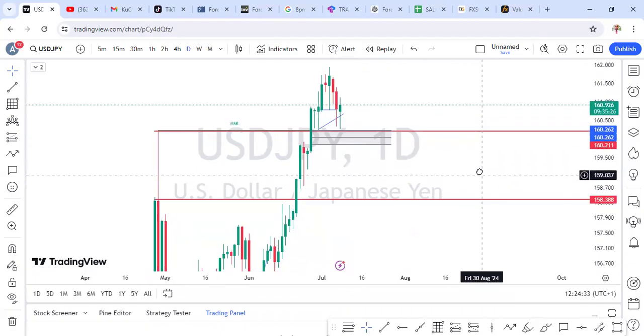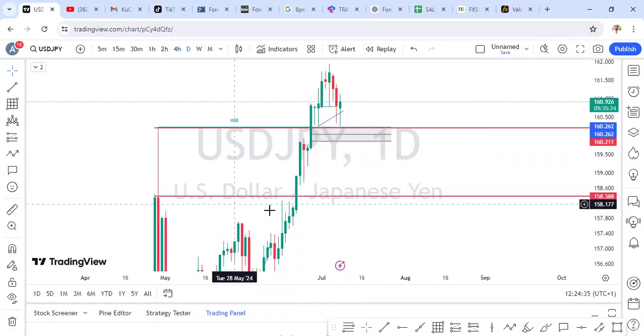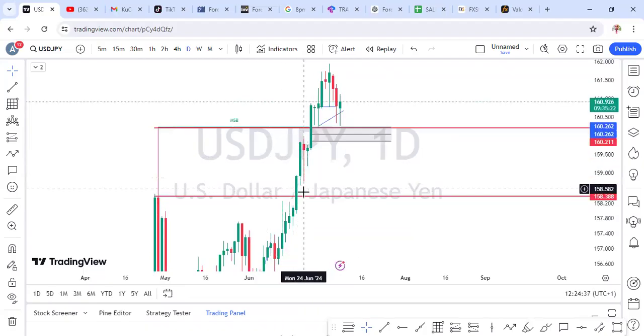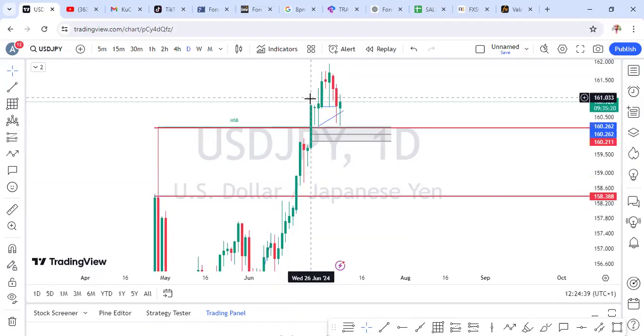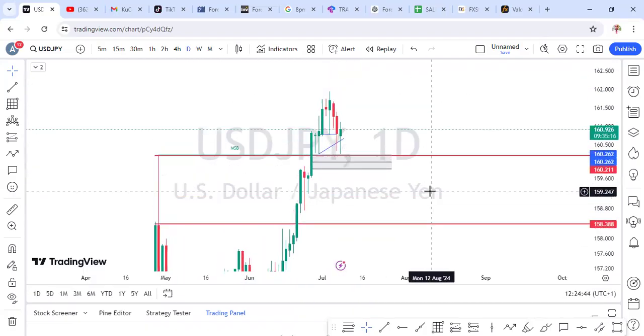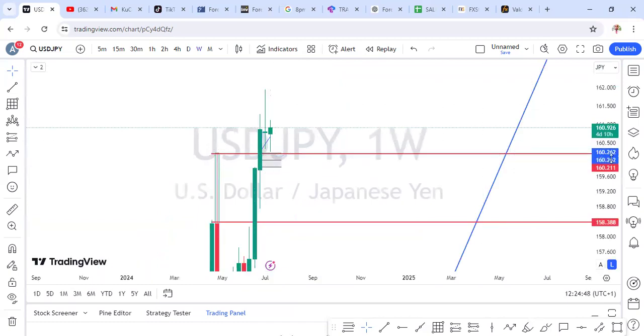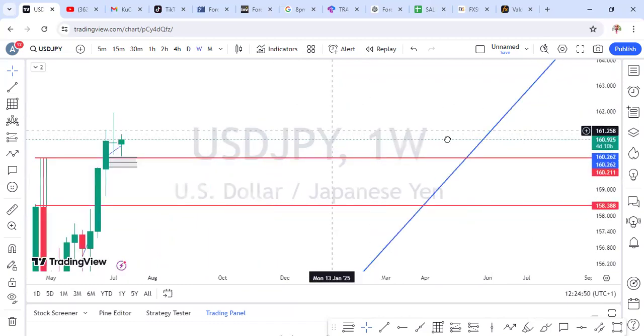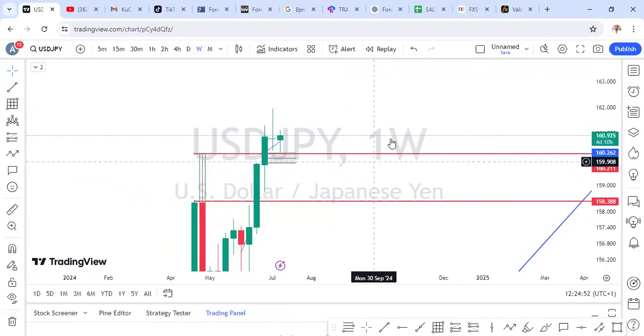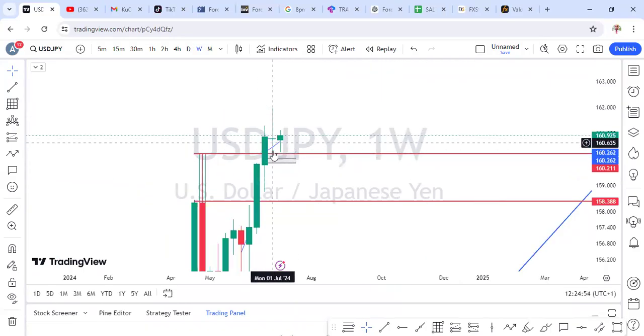You can see when price broke out from this place, we had a rally, a clear breakout, price went up. Now this place has become a support, and it is holding price. So for the weekly, should we say this is an indecision candle?